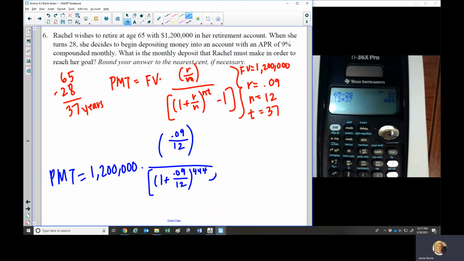That's how many times her interest is going to get compounded. And minus 1.